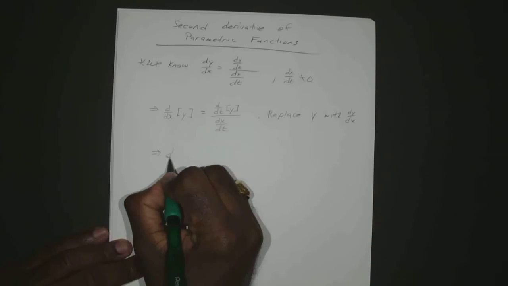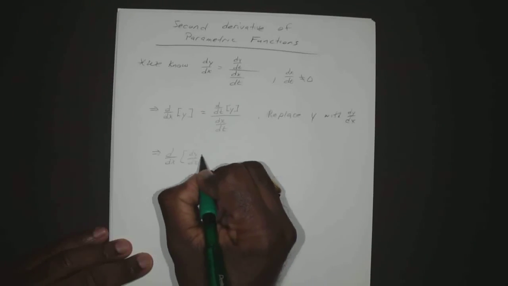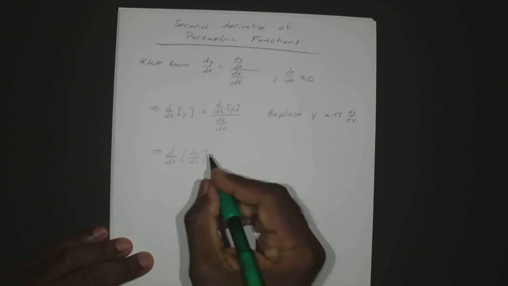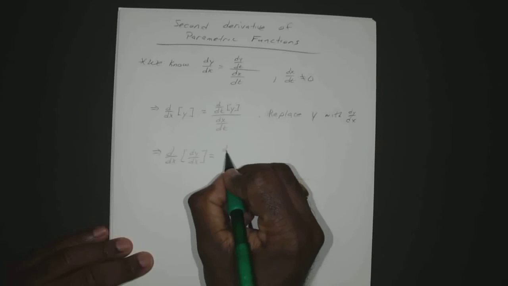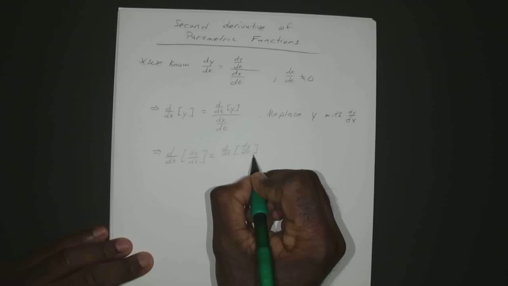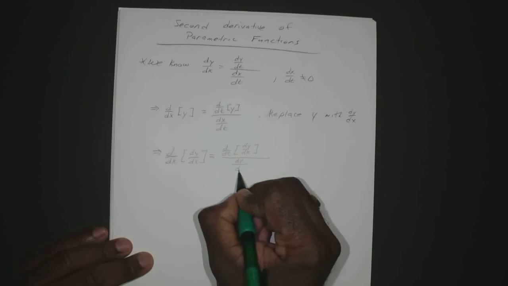Okay, so that gives us the derivative with respect to x of dy dx equals the derivative with respect to t of dy dx over dx dt.